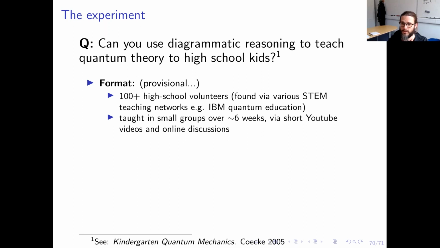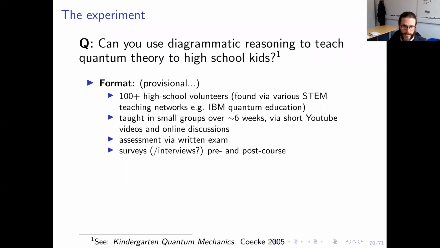The main thing is that they have short YouTube videos to watch, and then they have online discussions with TAs or teachers in small groups. There's a written exam at the end. Well, I should say a drawn exam. So it's: draw me a picture that solves this problem, basically. And then some surveys and interviews, before and after. So that's the meat of the study. And some of the details we're in the process of fleshing out.